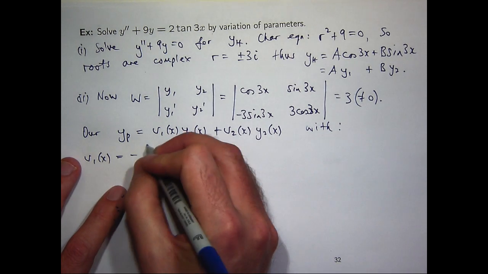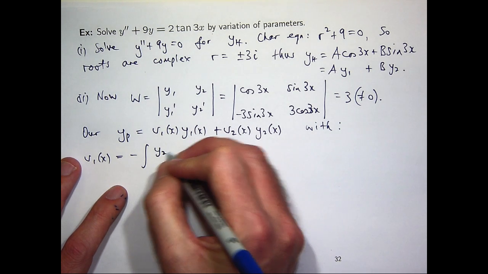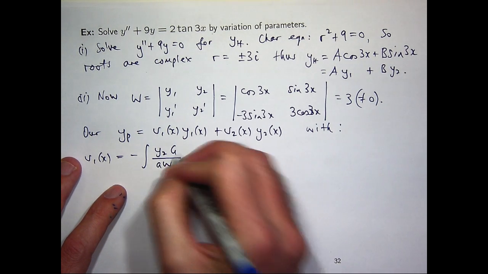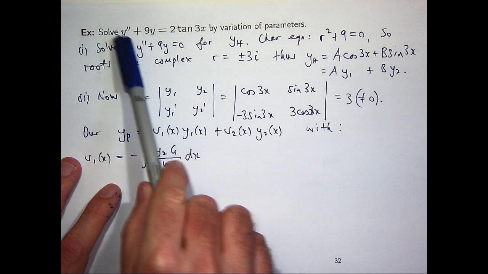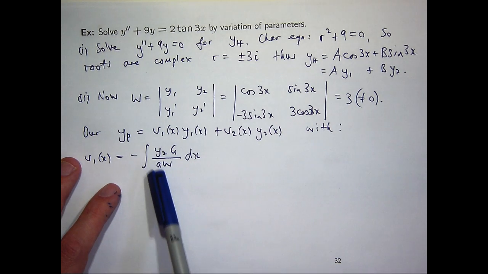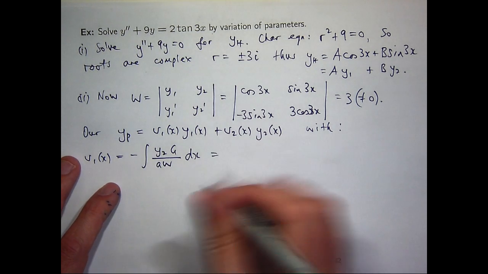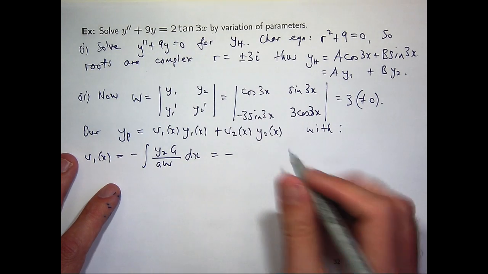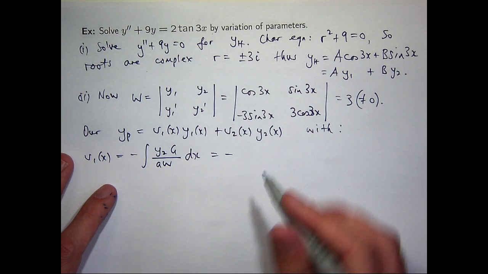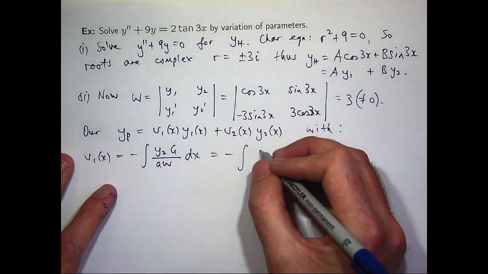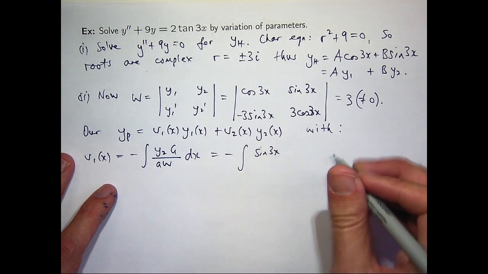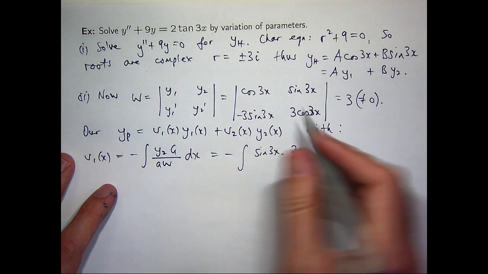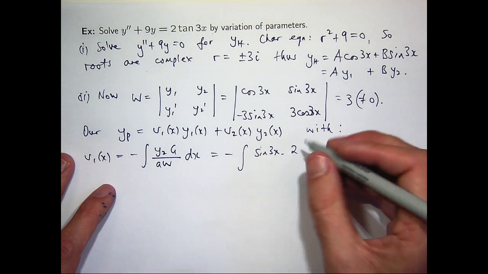Okay, so here again, A, the coefficient of y double prime is just 1. G is 2 tan 3x. y2 is sine 3x. So I'm going to get something similar to what I had in the previous one. And I'm going to write tan as sine on cosine.